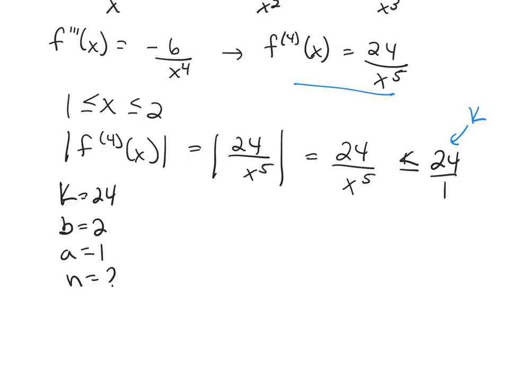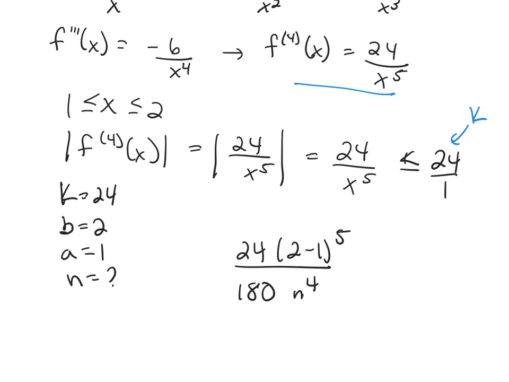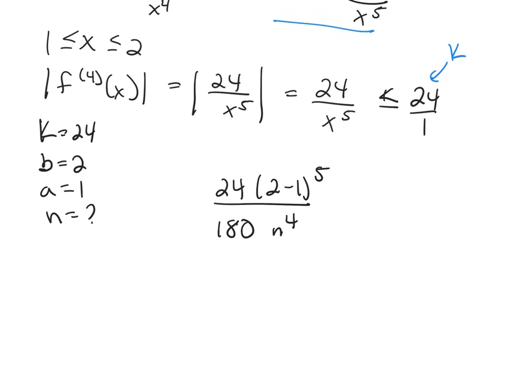Okay, so let's go back to our inequality we had at the beginning. It was K, 24, times (2 minus 1) to the fifth over 180 n to the fourth, and I want that to be less than 0.0001.